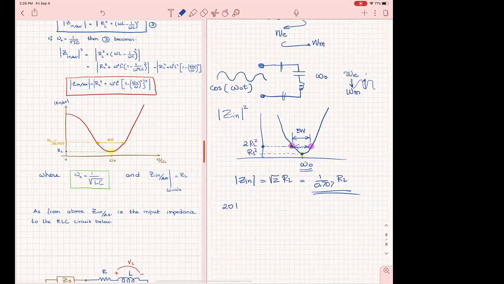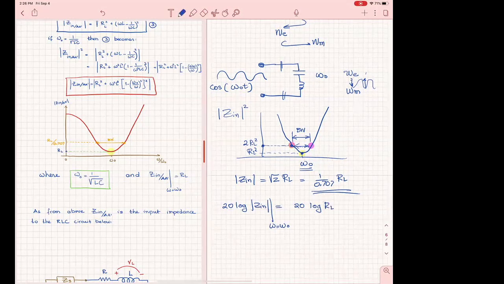If I were to take the 20 logarithm of Z in at omega equals omega naught, it is going to be the 20 logarithm of R sub L. What happens when I take the 20 logarithm of Z in, which is going to be the 20 logarithm of square root of 2 RL?